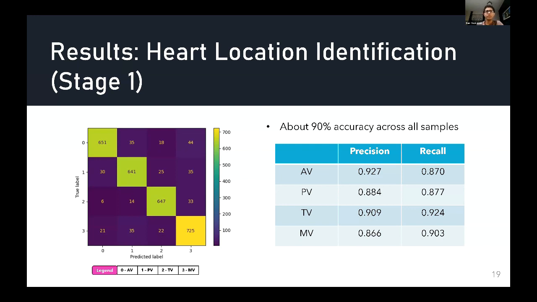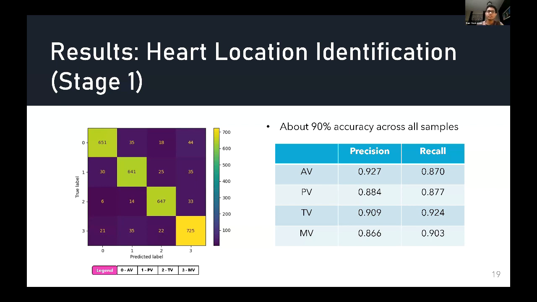We also evaluated this model using precision and recall, and we noticed that for each of the four valve classes, so there are four valves in the heart: the aortic, pulmonary, tricuspid, and mitral valves, represented as AV, PV, TV, and MV, we noticed around a 90% precision and recall as well for this stage one RFC model. So what this suggests is that the random forest classifier is successful at classifying what location of the heart a heart sound came from.